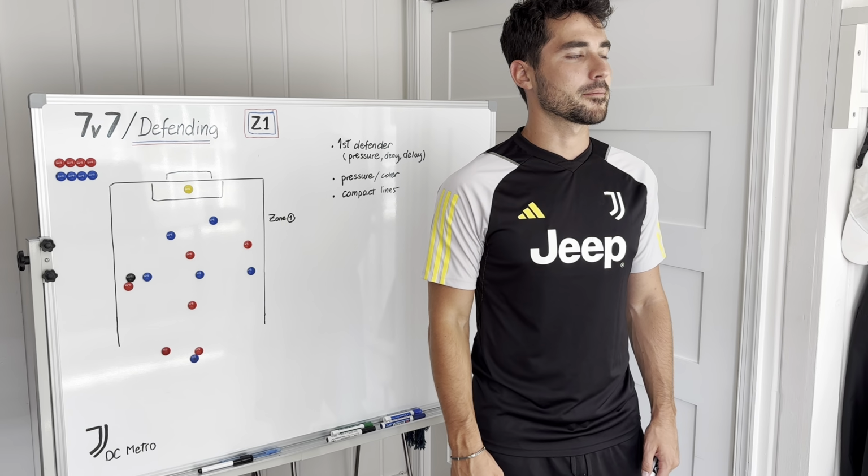Because as you can see, the players are positioned in a straight line. And these players are offering cover to the first defender. Covering means being in a position to intervene defensively if the first defender gets dribbled or beat. If this defender gets dribbled, the defender in cover can intervene.